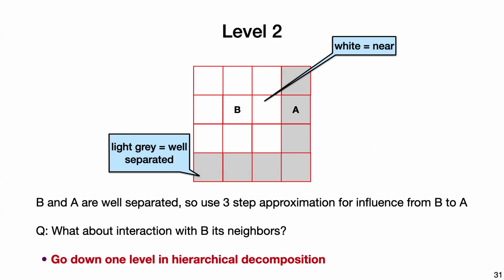They're not neighbors of B. And that idea can apply to every box in this decomposition. So every box has some that are near and some that are far. And it's just depending on who's surrounding you in this decomposition.